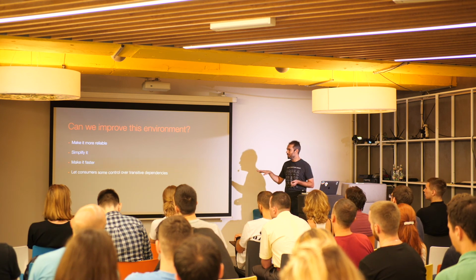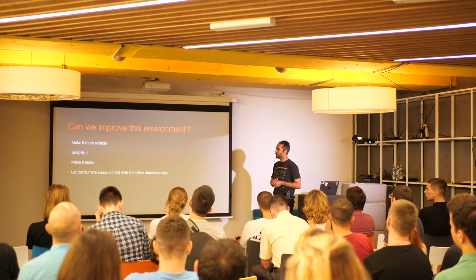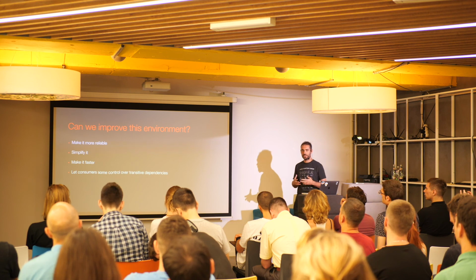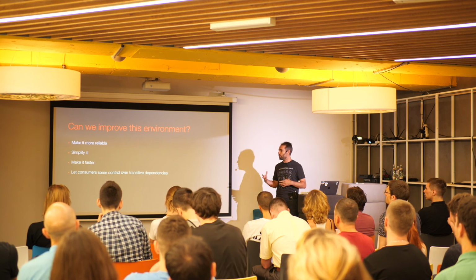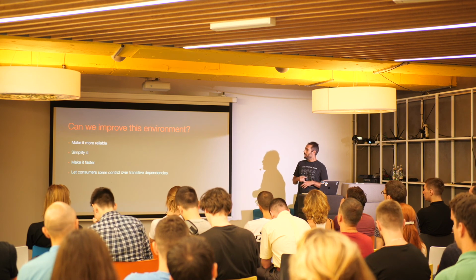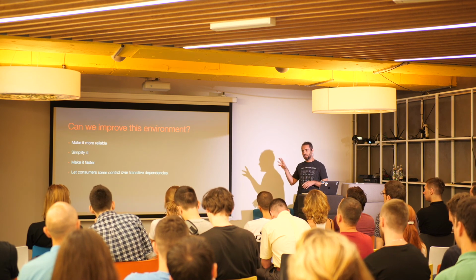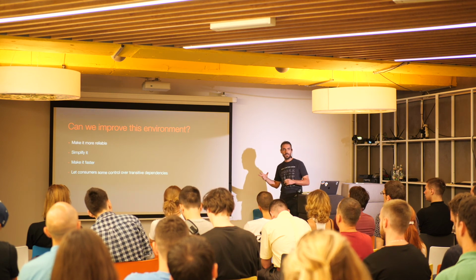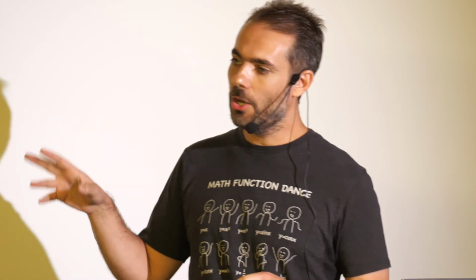This is debatable. I think that maybe the consuming modules or applications should have some control over transitive dependencies. So if there is a bug in some transitive dependency and we wait for tomorrow until someone fixes it, maybe instead we can just say, no, I do want the previous version of that specific module. And that would be great.